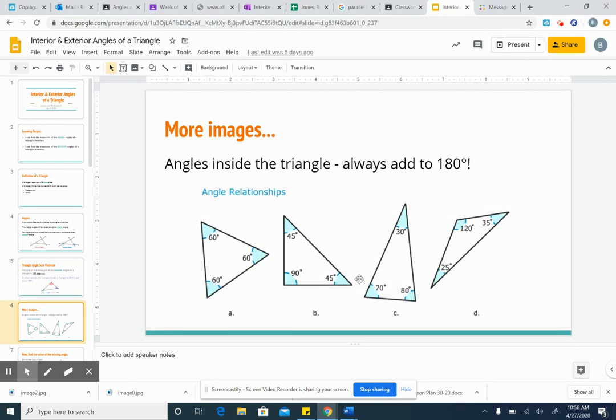So if you look on this slide, there's four different pictures of four different triangles, and their angles on the inside will always add up to 180 degrees. That's very important for you to remember, especially when we start talking about the exterior angles.